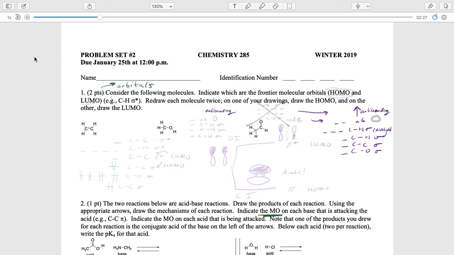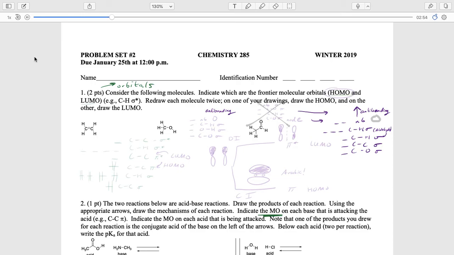Oh, so the destructive and the constructive you would actually draw on the molecule. Those are two separate orbitals. You only draw the one that's participating in the bond. Well, you have to draw the HOMO and the LUMO, which are both participating. Right. But what I'm saying is you don't draw them both at the same time. Right. I still don't know how to draw them separately, though.